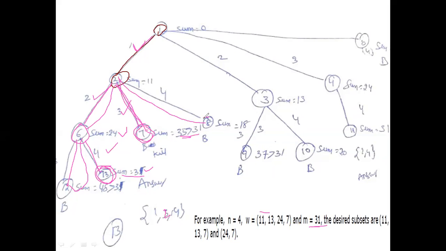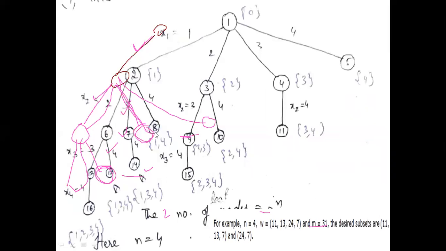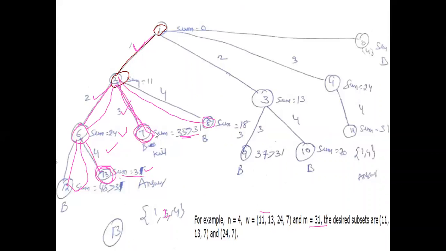The eighth node has no children in the solution space tree, since the sum 18 is less than 31 and it does not satisfy the criteria function. The second node is fully expanded, so the first child of the first node is fully expanded.